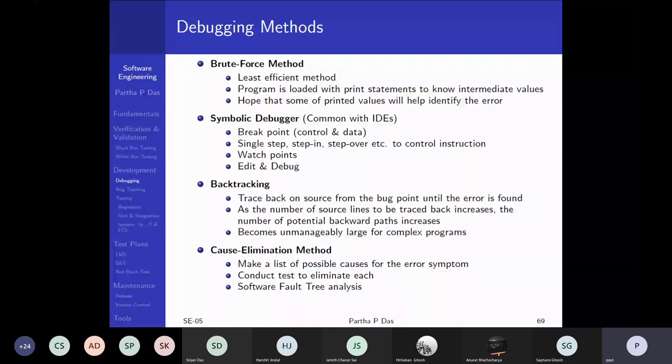There are other techniques which are commonly used. One is backtracking, which is particularly important when you have actually localized a bug. This is where it has happened, and you just want to keep on backtracing to see where it came from, because it should not have come at this point.